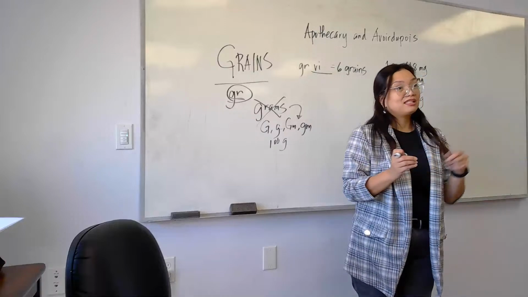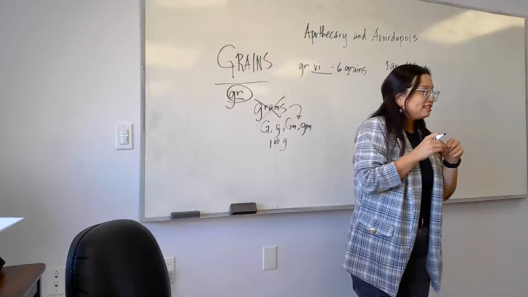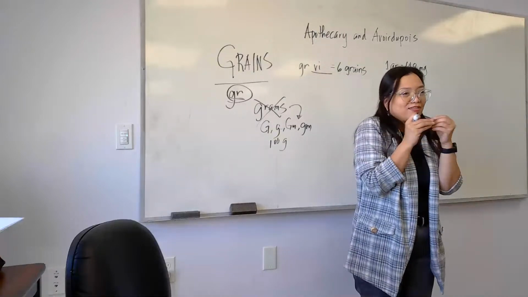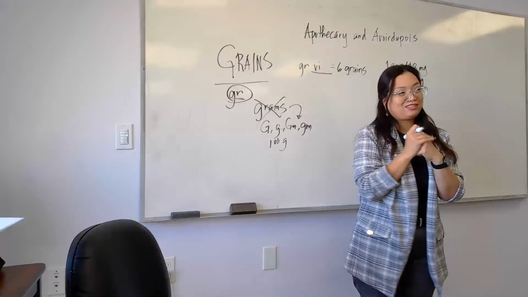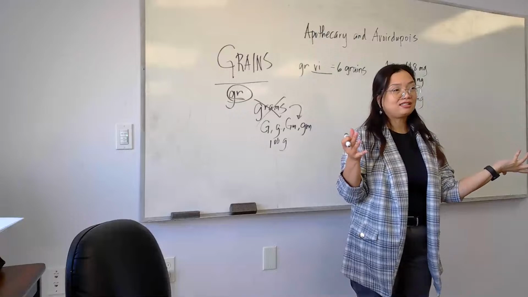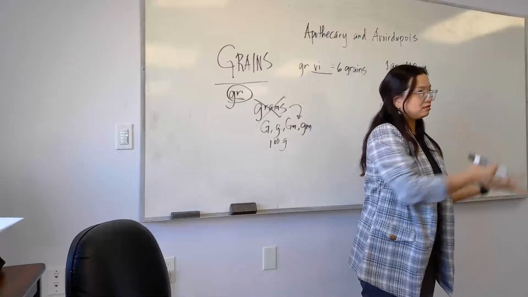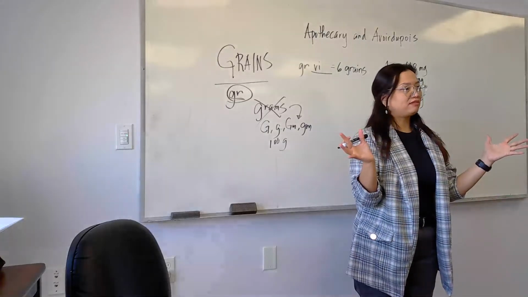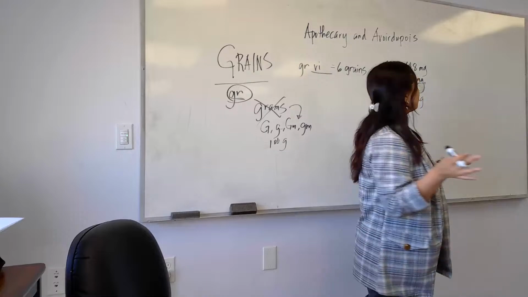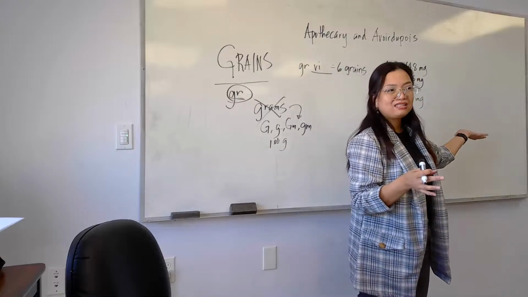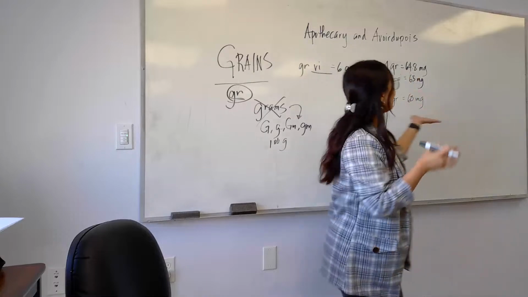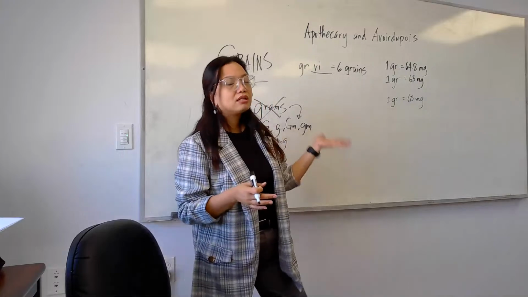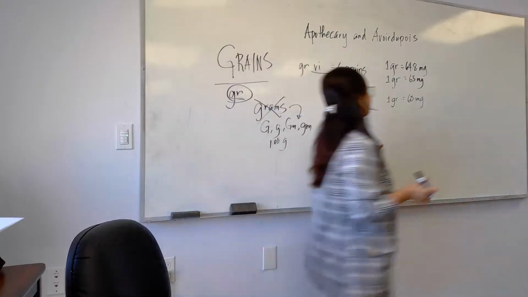Just like there's long grain rice and a fat rice, almost a circle one, and there's purple rice, black rice, brown rice, all of that. Just like rice, grains come in different weights or sizes. That's why the difference.